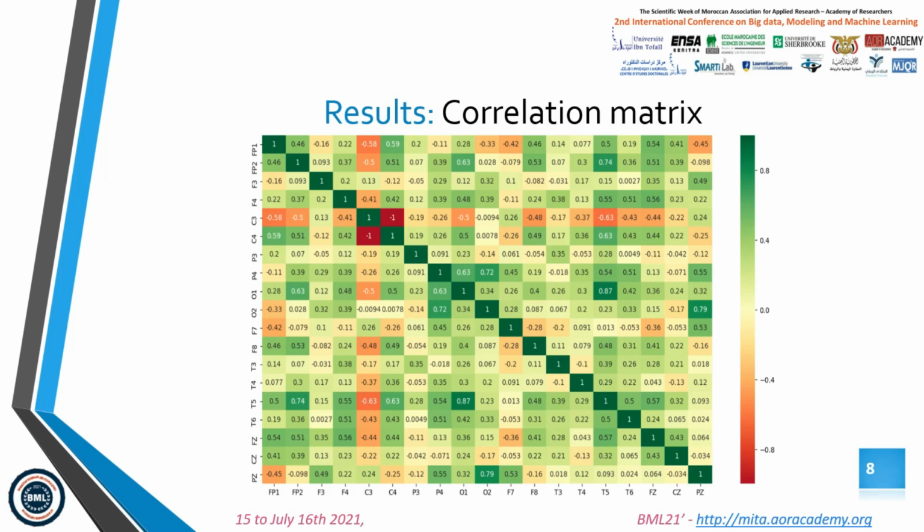The correlation matrix is used to show the different links between all electrodes and therefore to evaluate the acquisition system. In this matrix we can see that all values between the different electrodes are very low, and we can say that the NeuroFax is a very stable device for acquiring the EEG signal.